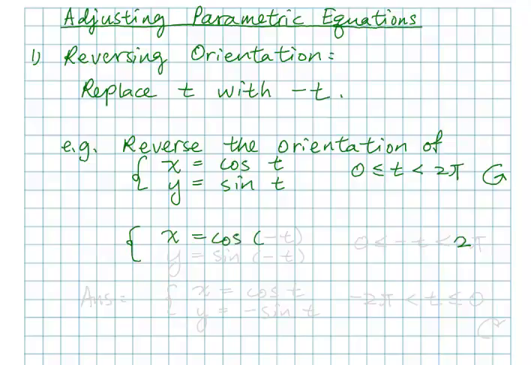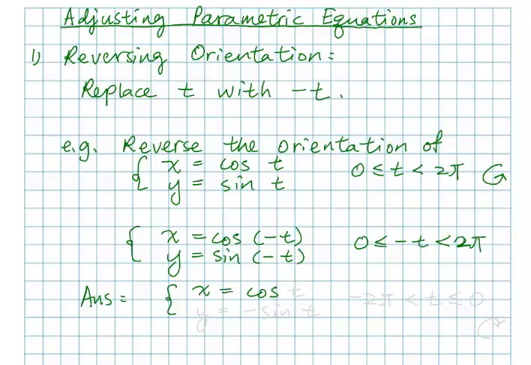X equals cosine of negative t, y equals sine of negative t. 0 is less than or equal to negative t, and negative t is less than 2 pi. After simplifying, we will get the pair of parametric equations as our answer.